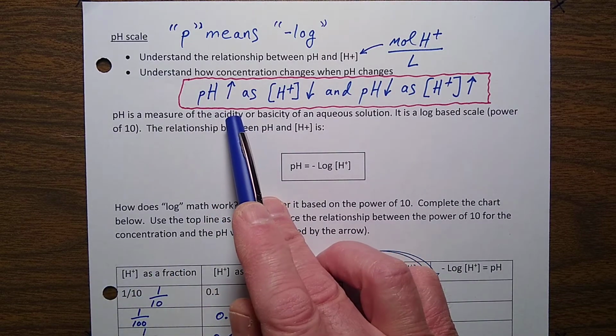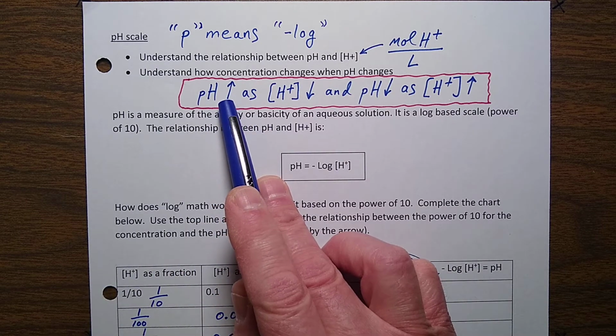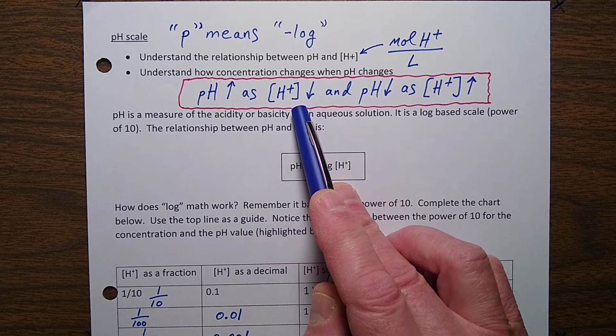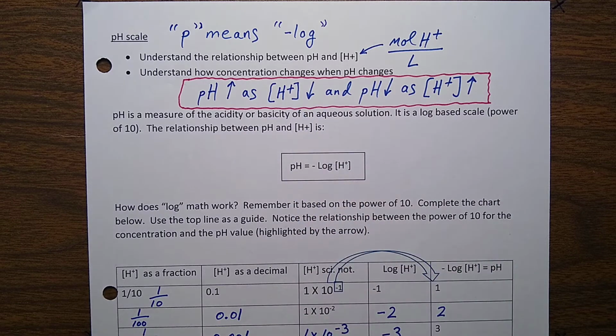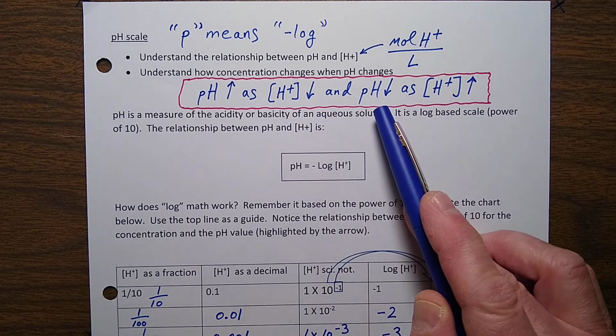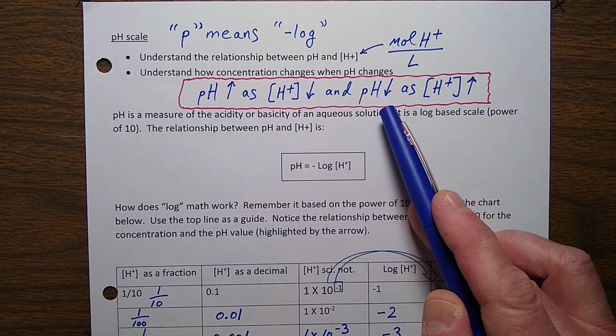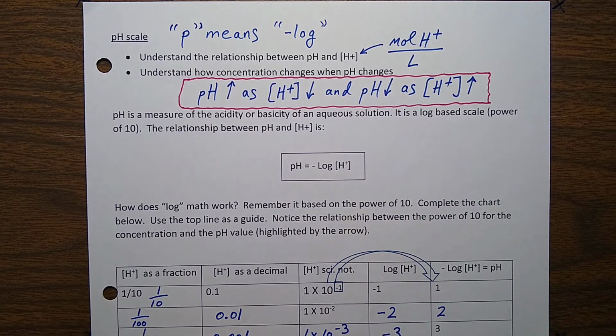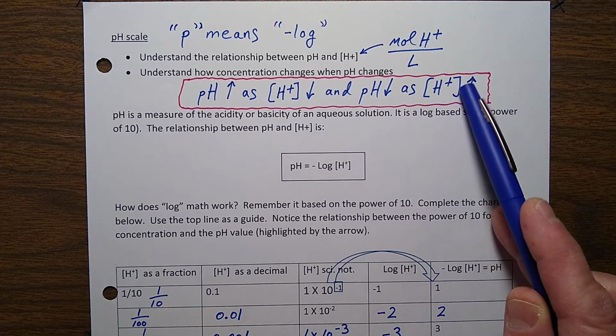So it's very important to remember that if the pH goes up from 0 to 10 or whatever, it means the proton concentration is decreasing, so it's getting more basic. If the pH is dropping, going from, let's say, 5 to 2, then that would be becoming more acidic, which means the proton concentration is going up.